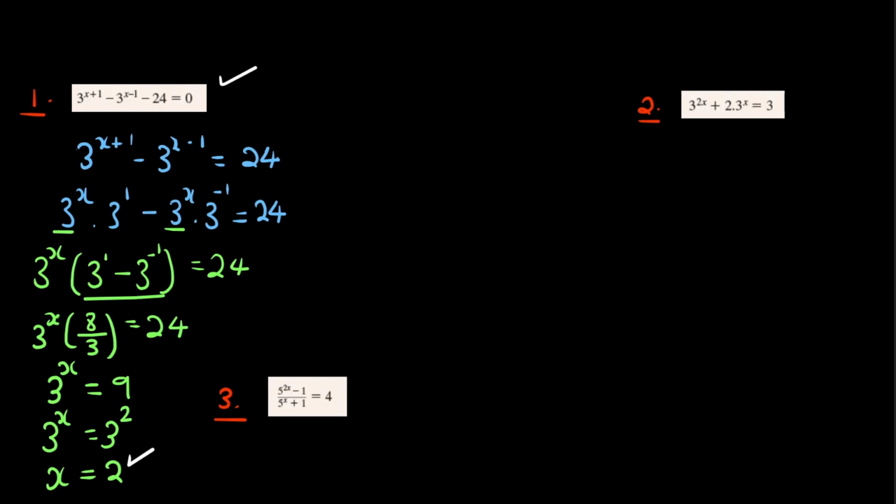So let's move into the next type of question, where really we're given that 3^(2x) plus 2 times 3^x is equal to 3. So with this type, I refer to this as the trinomial type. So let's just quickly relabel these.